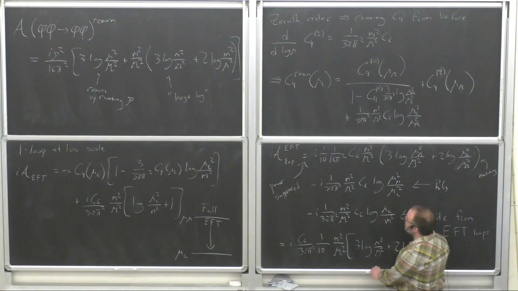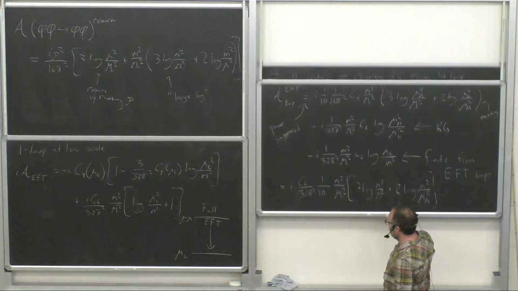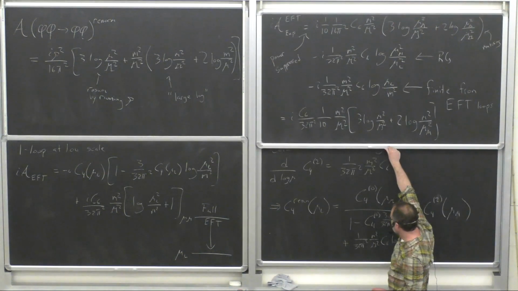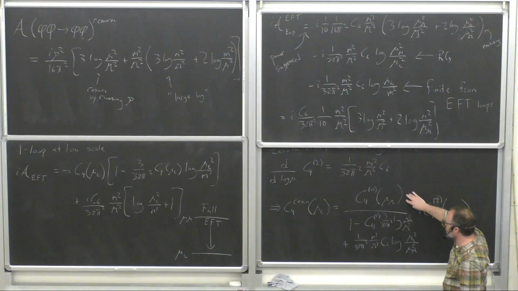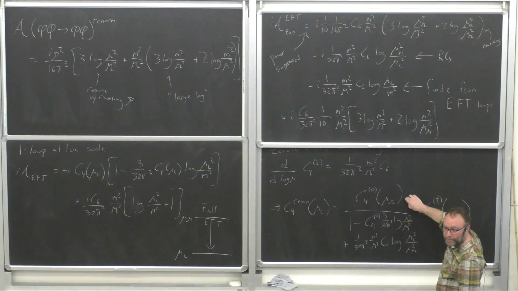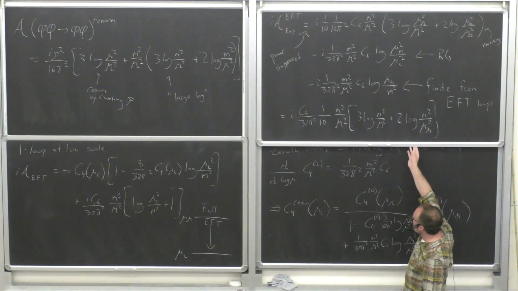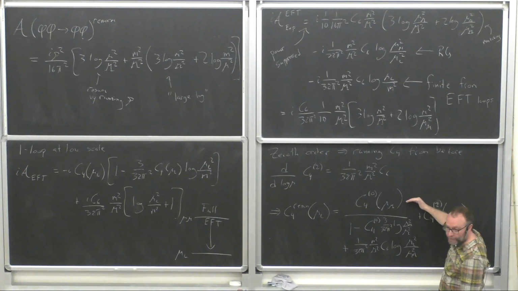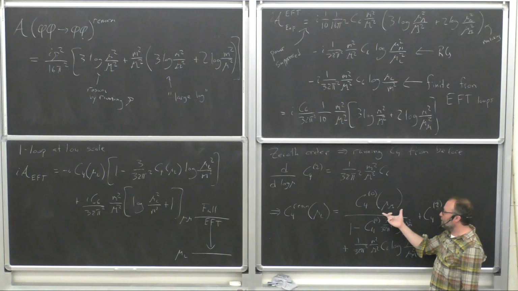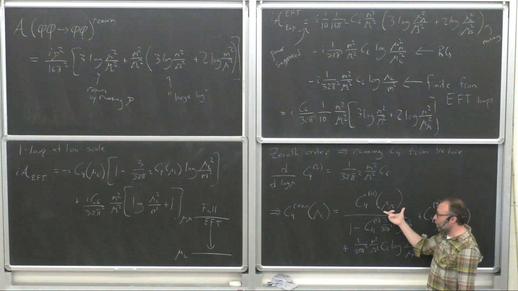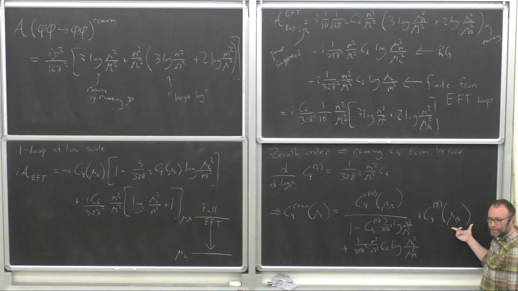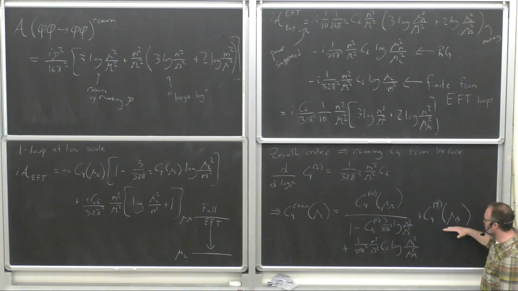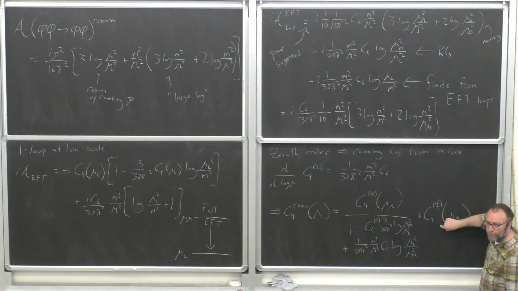So this contribution in this toy theory is 0. This is the correct RG, but then you need to use the boundary condition, which is that the leading power contribution at this order is 0, and that's why we have this boundary condition here. So this is the subleading power contribution.